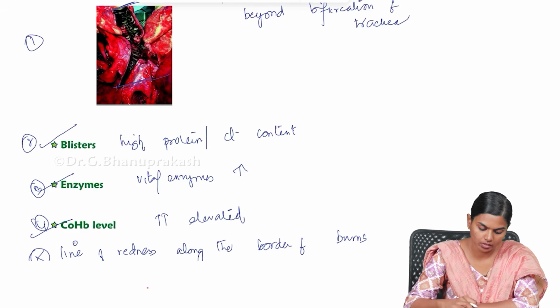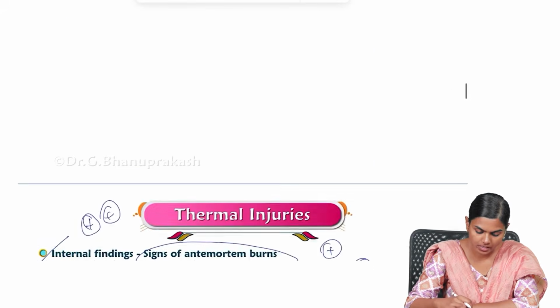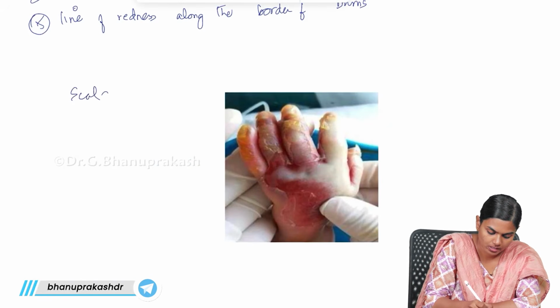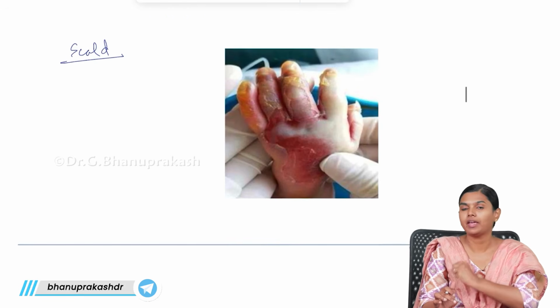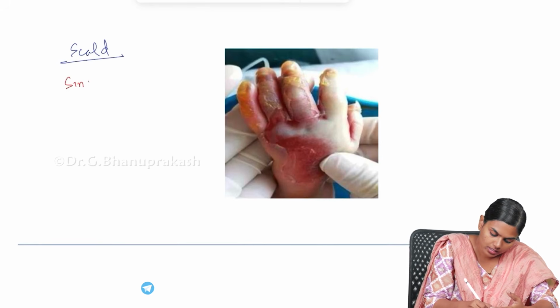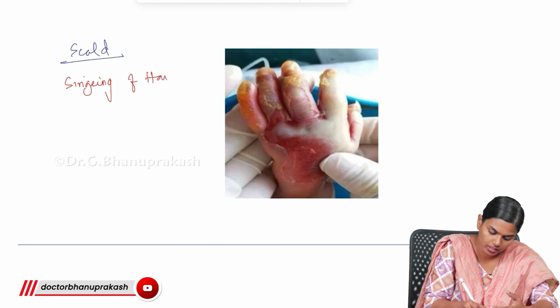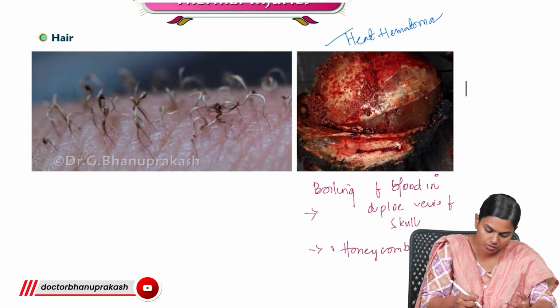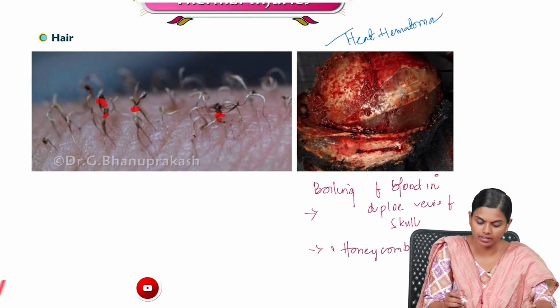So, next to that you will be seeing the scald. So, this is scald. There are main features that we have to know in scald. First is the singeing of hair, that is this. Do you see this dark color hair?